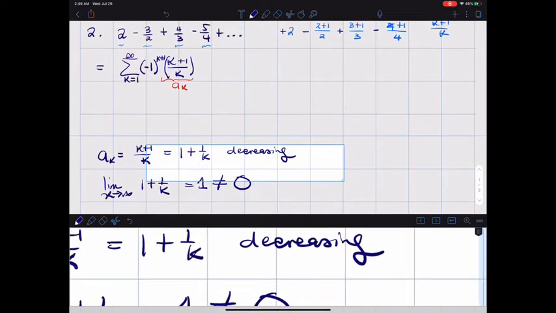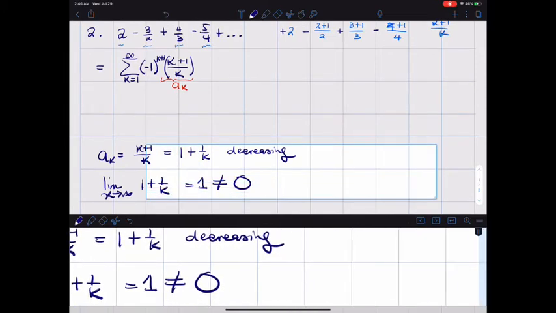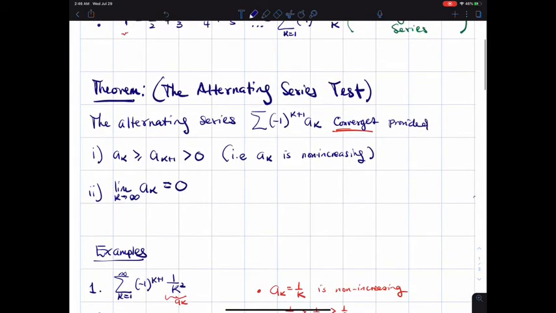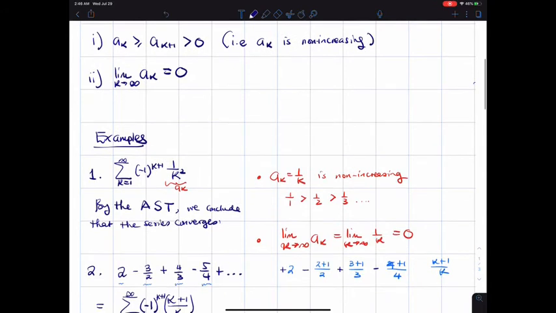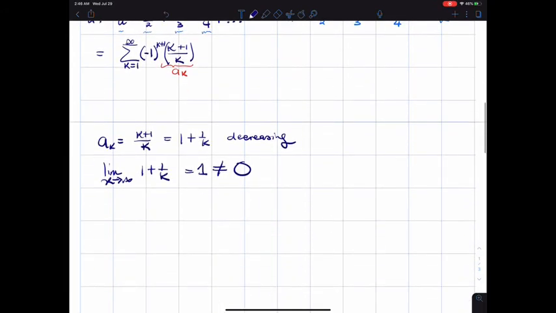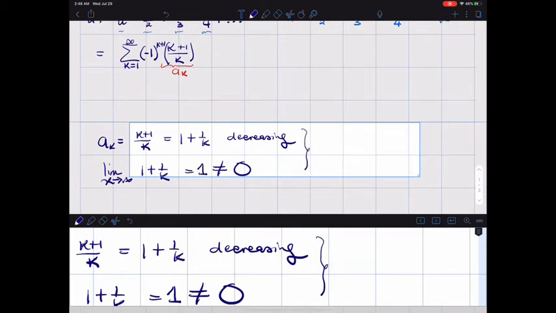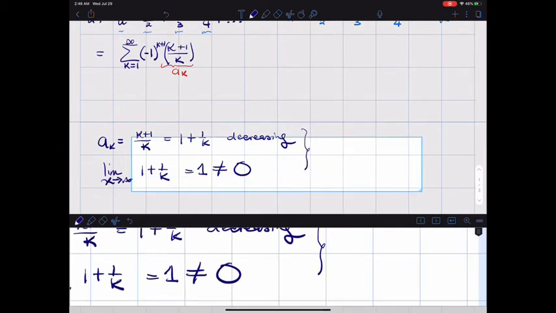Okay, so we can actually conclude something. What can we conclude? Can we conclude that the series diverges? I'll tell you it diverges. The alternating series test doesn't tell us directly that it diverges.